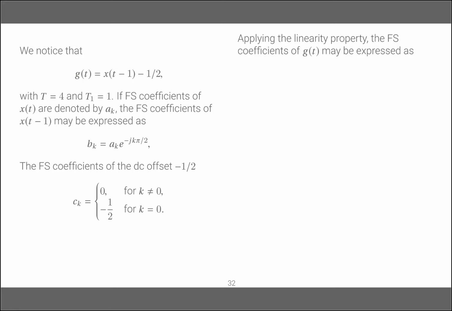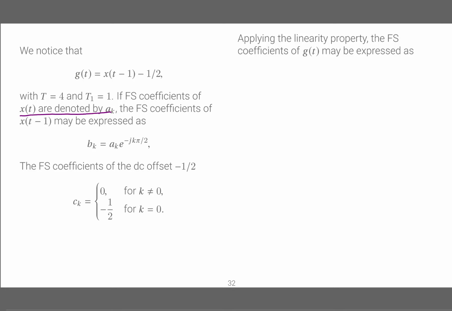So let's consider xt, that xt has Fourier series coefficients ak. Then dk's of xt minus 1 would be found using the time shifting property. That means if xt has the Fourier series coefficients ak, we know that x of t minus t naught has Fourier series coefficients e to the power of minus j k omega naught t naught ak.